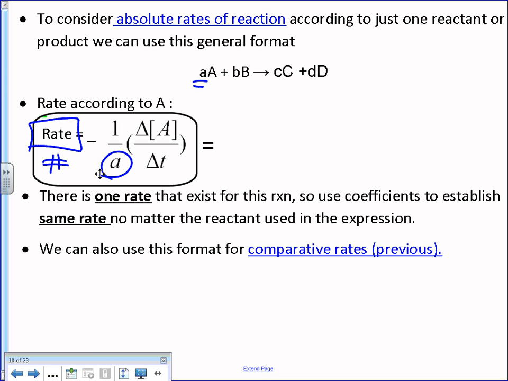That's just it. So who was the rate determining step?